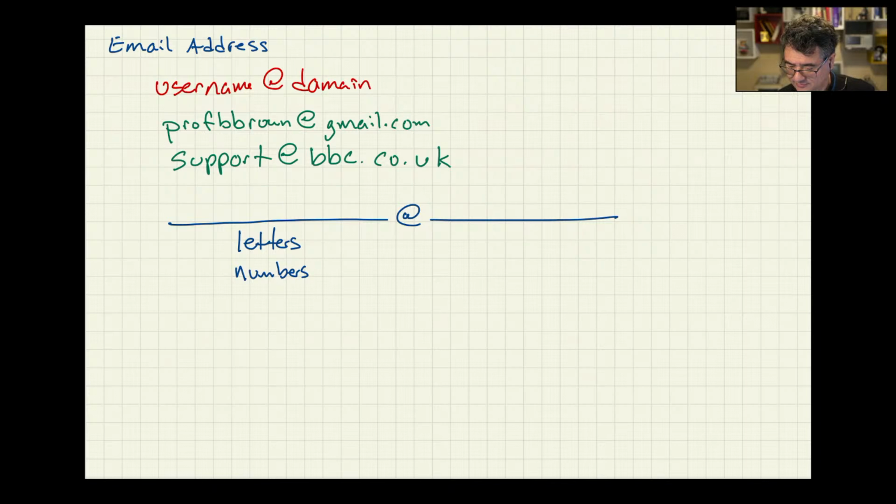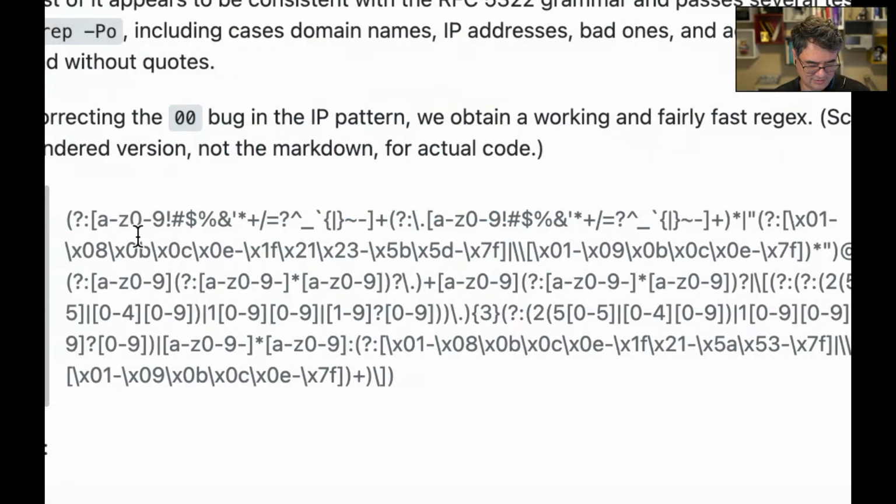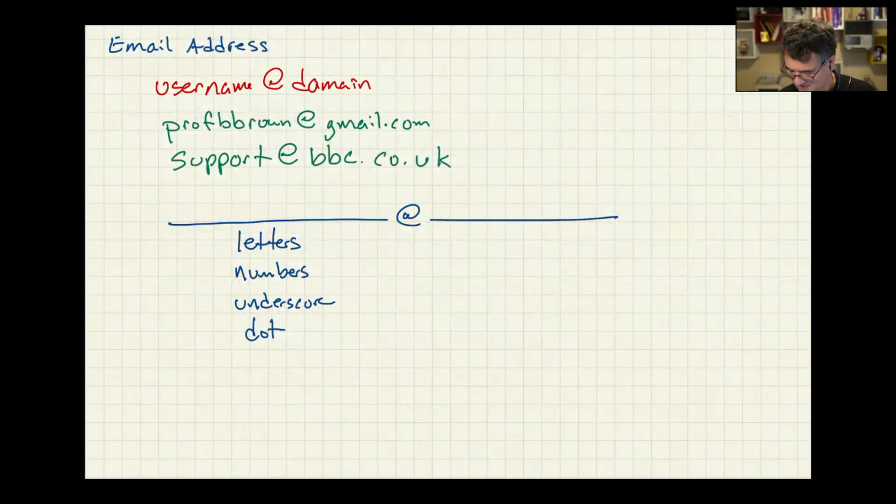I think underscores. Periods. Yep. Have you ever seen dots? Like, Barry dot Brown. Seen those? Yeah, whatever special characters are valid, but what is that list? Well, it's basically these right here. But we're not going to go that complicated. I'll also include dash. And I'll say that's good enough for us.